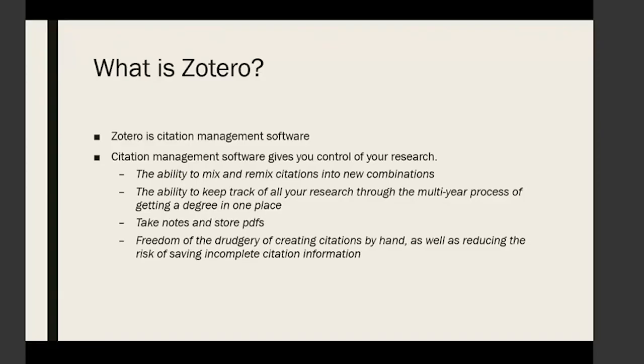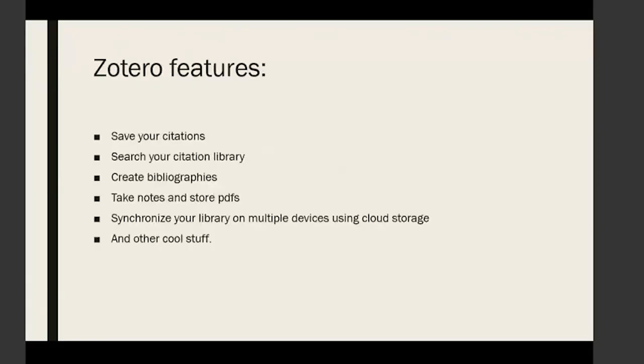So that is citation management software in general, some of the abilities or capabilities that it offers. Zotero, more specifically, is the one we're going to look at today. And Zotero has features like, for example, having you save your citations and search for your citations in your citation libraries.